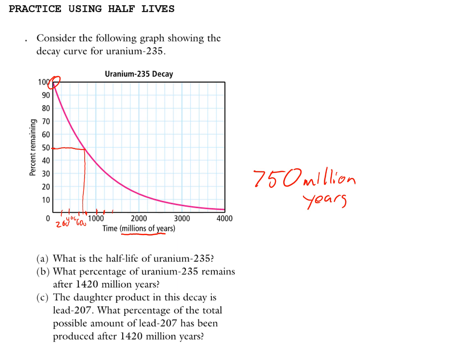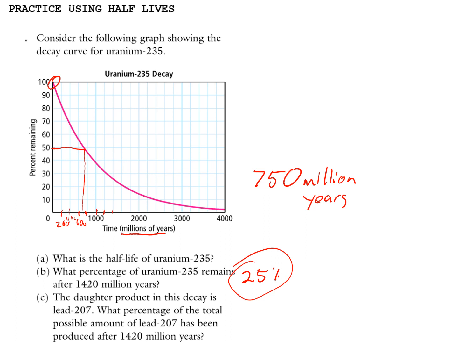So it's going to be roughly 2 half-lives. There's going to be roughly about 25-ish%. Now on a test, if I said that it was 750 million years and you said it was 700 million years, I'd still mark you right. You're still within that range of being correct. And if I say this is 25% and you thought that it was 22% or 20%, you're in the range of being correct.